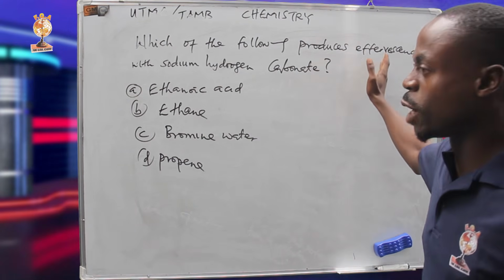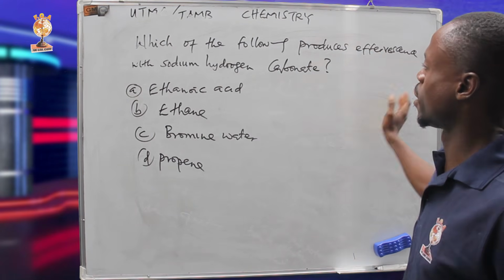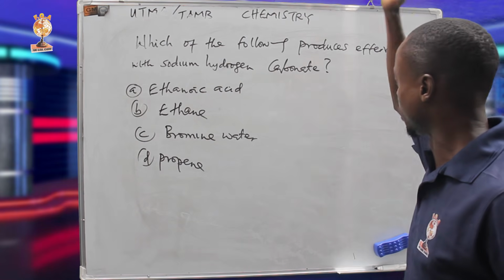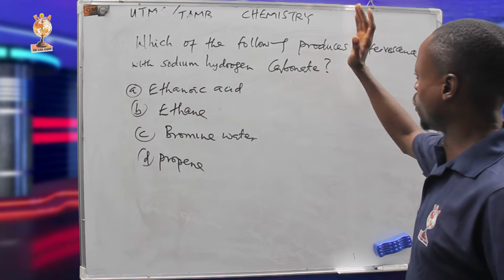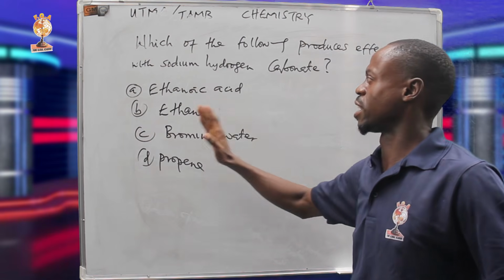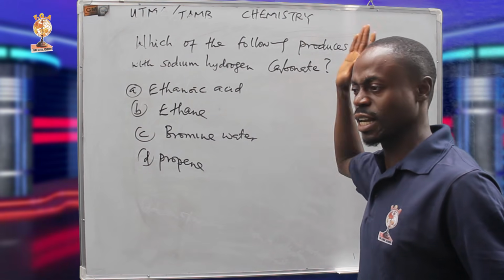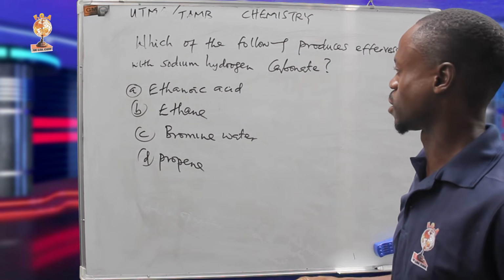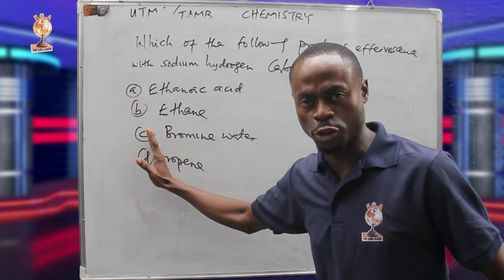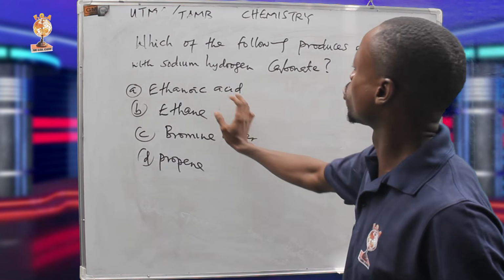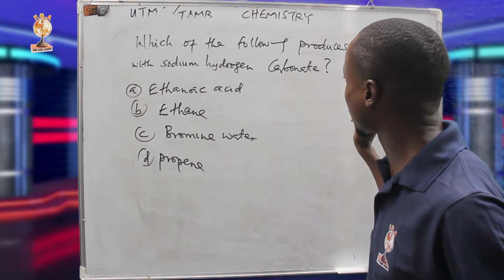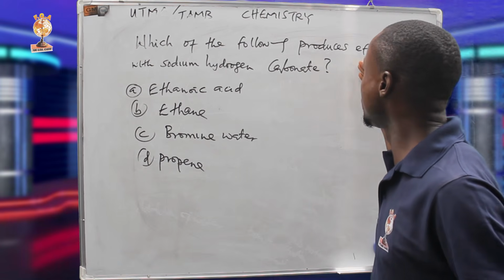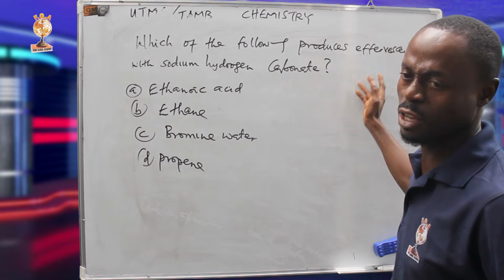Which of the following produces effervescence with sodium hydrogen carbonate? What this question is telling us is, among these options, what will react with sodium hydrogen carbonate to release or evolve a particular gas.